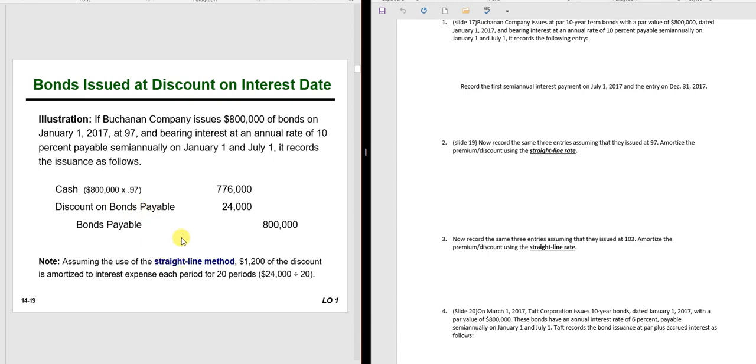So if I made a T account of the discount right over here, see if I can actually do that. So bear with me in my drawing here. So if I made a T account of bonds payable, notice it has $800,000 in it, and I made a T account of discount, so it has a debit of $24,000 in it. If I net those two, so this is just like equipment and accumulated depreciation, you have to talk about both of them together.